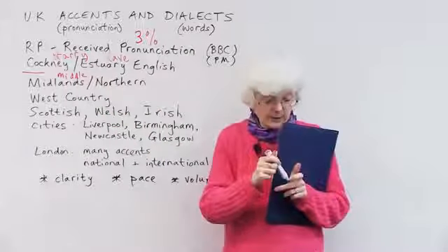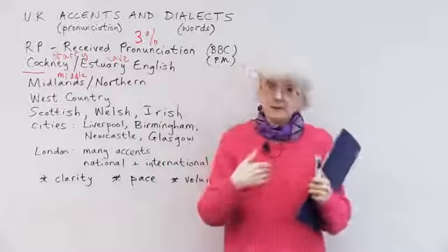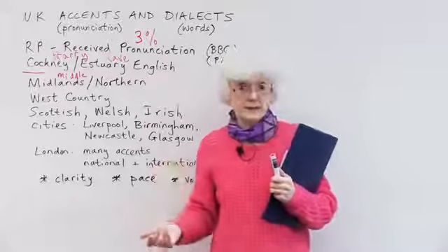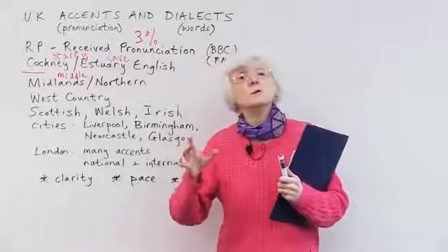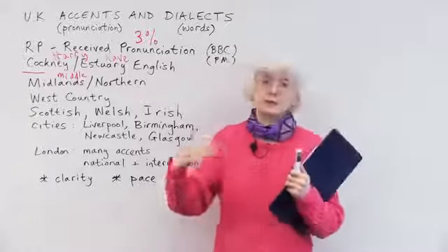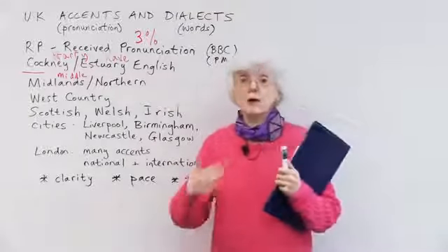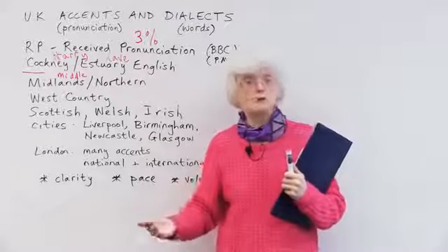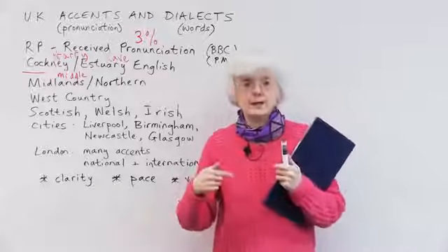Okay, and there's the East Midlands and the West Midlands. I happen to come from the East Midlands. So my accent is now, because I now live in London and I've lived in London for a long time, my accent changed gradually after I moved. But there is still a little bit of a mixture in my accent.